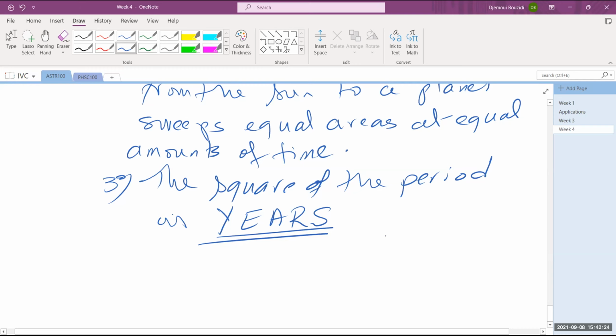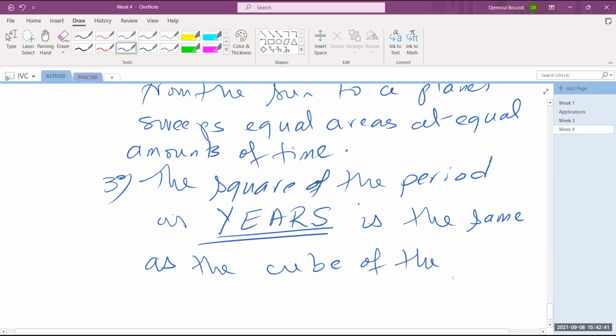In this case it has to be measured in years. It is the same as the cube of the semi-major axis, which also has to be measured in a specific unit, and that is the AU.